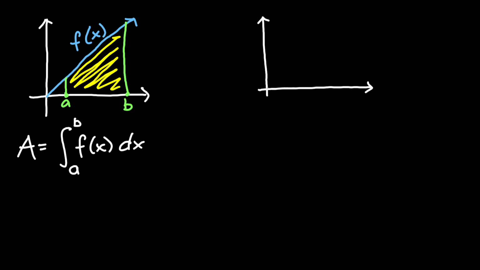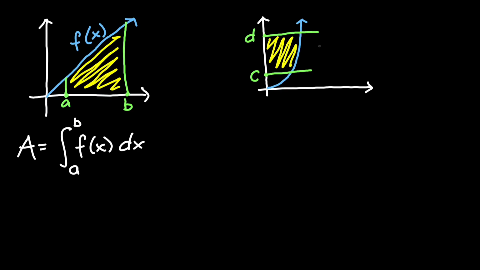Suppose you are given here another curve with the limit point of, let's call this point C and point D. So this is the area to which you would want to find.